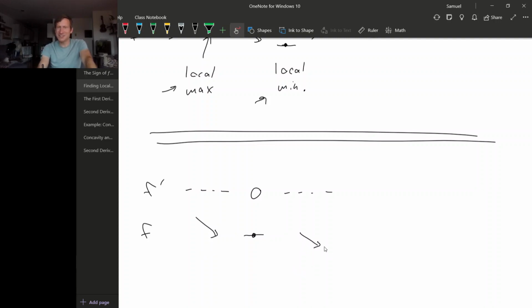Again, this is an extremely rough sketch of the graph of f, and this critical number here, this place where there's a horizontal tangent line, isn't a local maximum because the graph must be higher over there, but it's not a local minimum because it must be higher over there. So in this situation, if the derivative goes negative, 0, negative, this critical number is not a local min or a max.